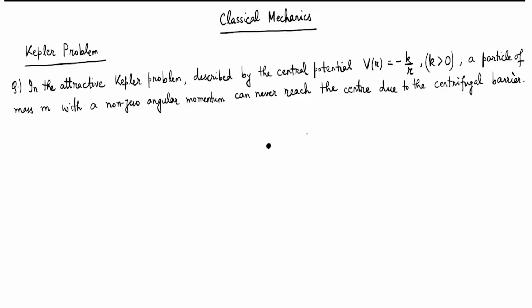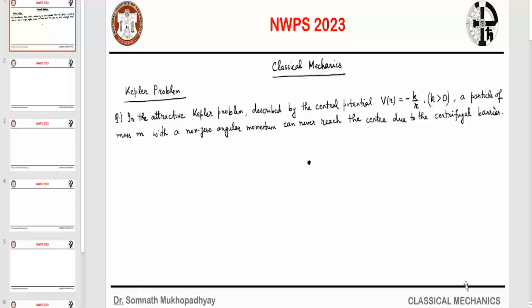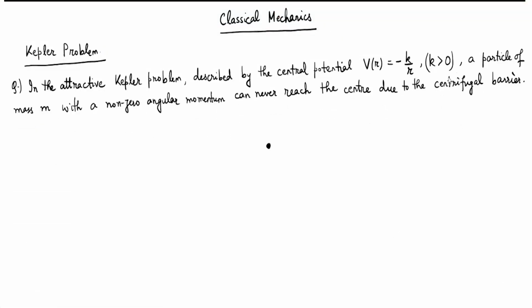So the planet can only reach the center if it has no angular momentum. Basically, if the angular momentum is 0, that is, the planet is just static, it will come and drop to the central gravitating body.